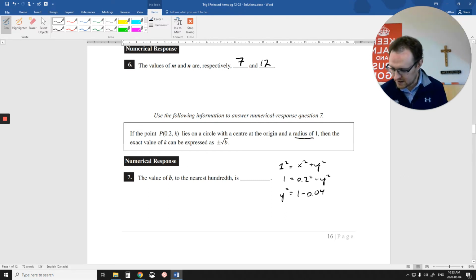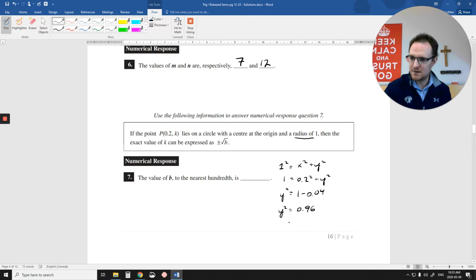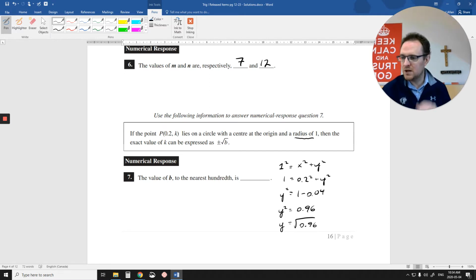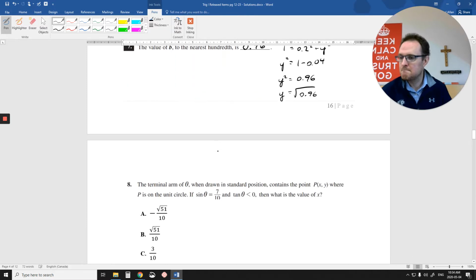So 1 minus that answer is 0.96. And then I'm going to take the square root. That's all they want. They just want to know what is the value of b, what's underneath the square root here. So they're just looking for the 0.96 number, just what's underneath there. Cool.